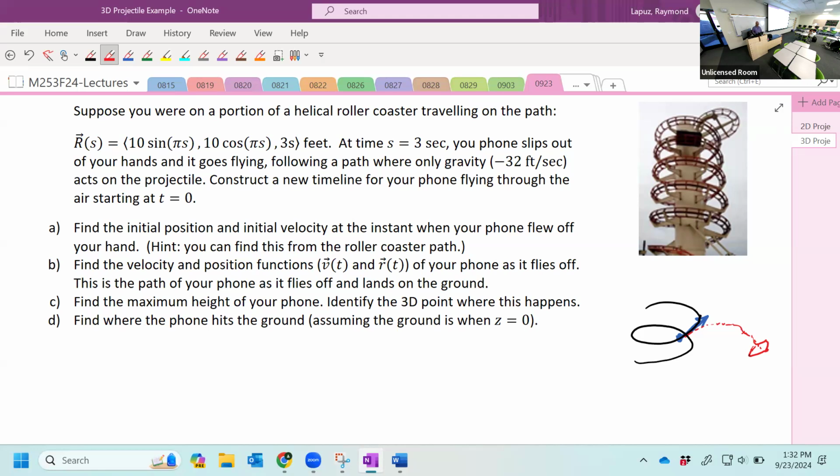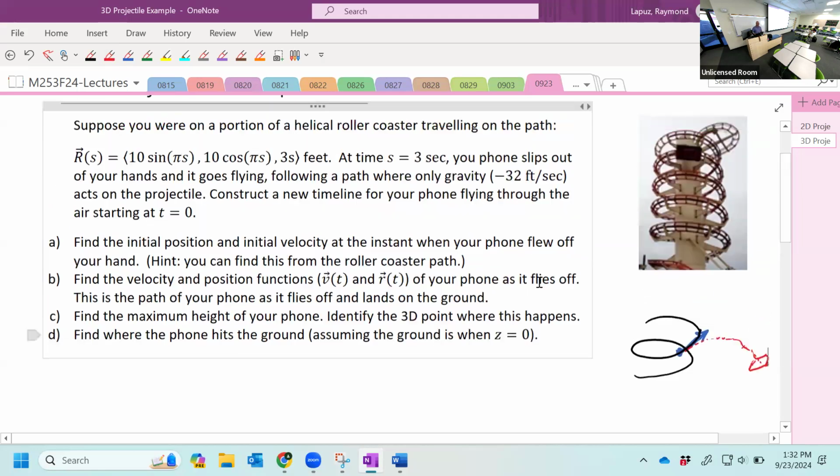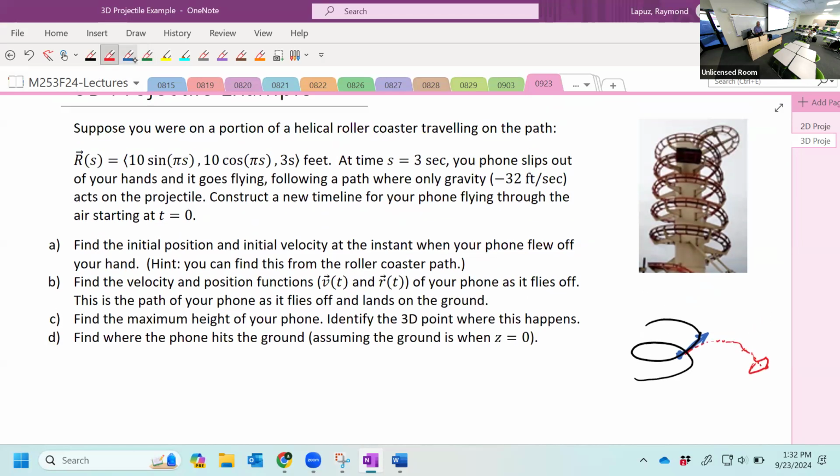Okay. Let's start. Find an initial position and initial velocity the instant that your phone flew off. So I know that there's already this function that's describing the roller coaster, but that is going to help you find the initial position and the initial velocity of your phone once it flies off.